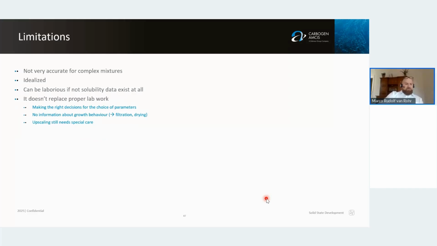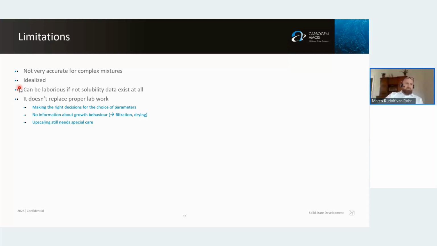At the end, I would like to speak a little bit about the limitations. As you saw, it's not very accurate. It's only very good for idealized systems, but it can give you a good idea. You should have some solubility data prepared. Otherwise, it can be quite laborious.